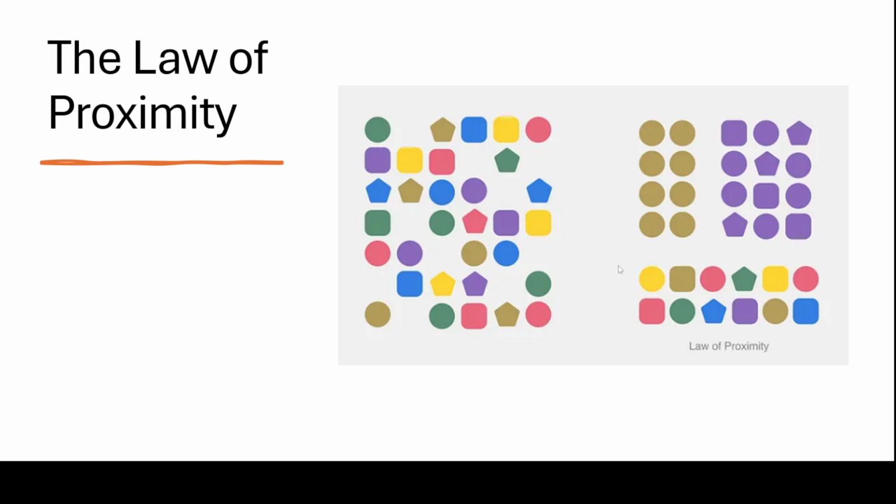And then this is a group that are not related at all. So you can see here, all the circles of the same color are grouped together, and all the shapes within the same color are grouped together, and then the other miscellaneous shapes that are being cast aside are also grouped together.